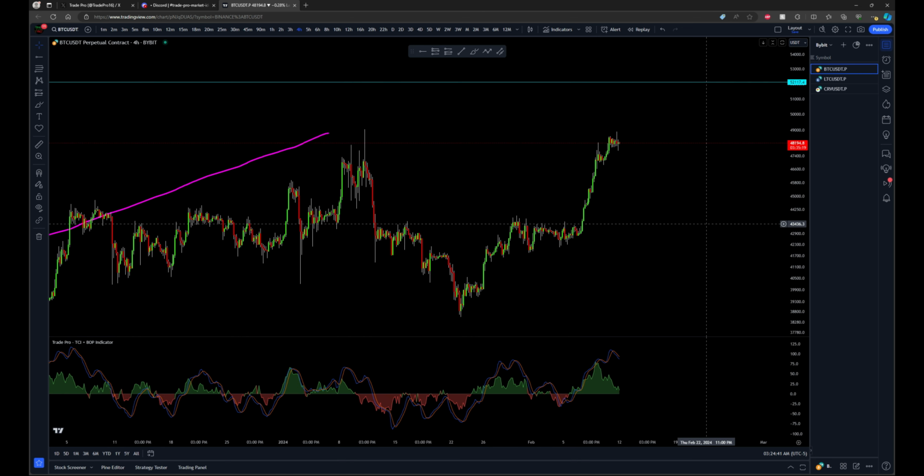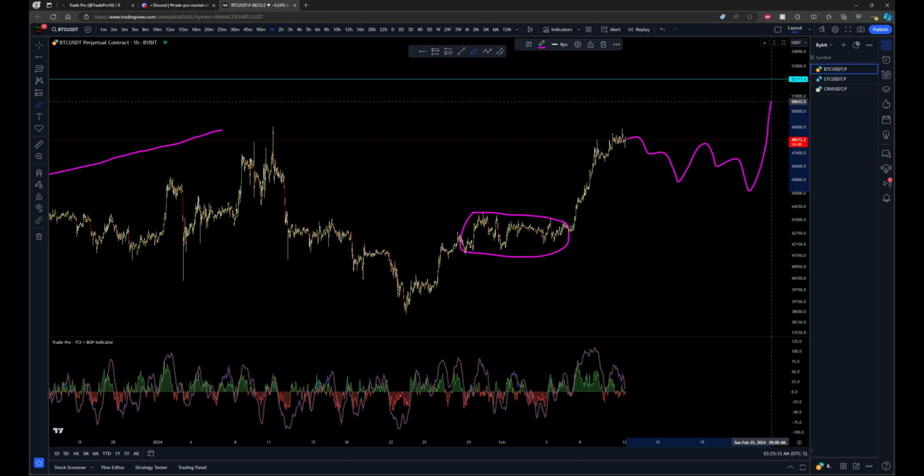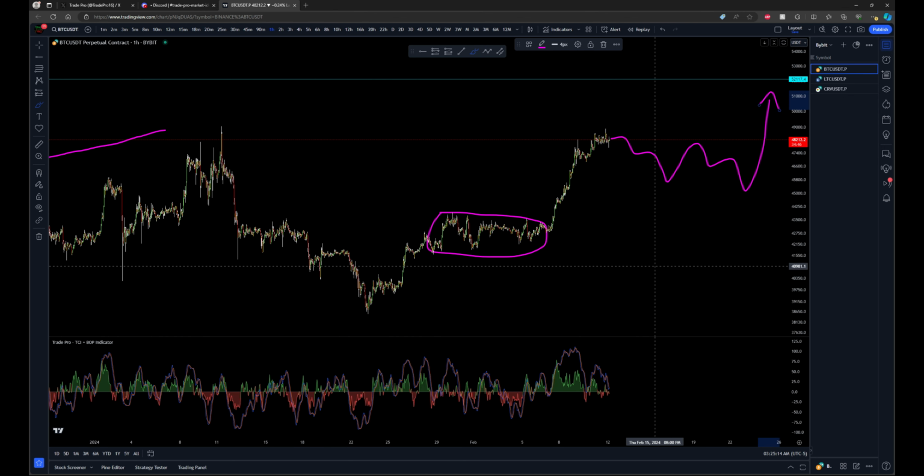So we may come down, sweep some lows, chop around a bit here before continuing higher. But I don't think we're going to take out the lows of this consolidation all the way down here at 41.7. So I'm expecting a higher low and then a higher high compared to this previous pullback right here.